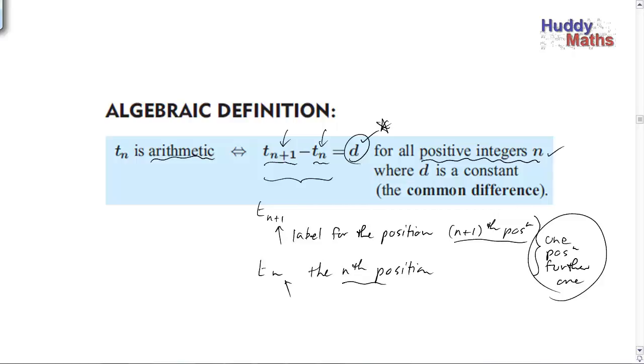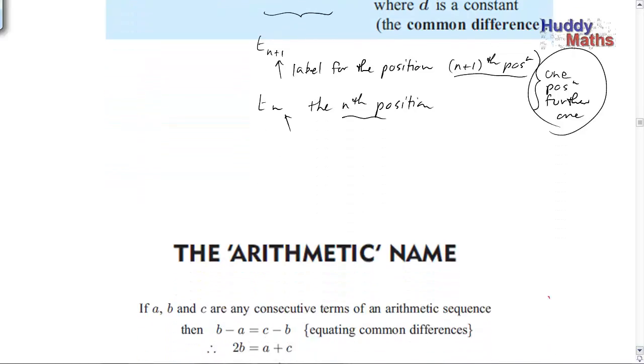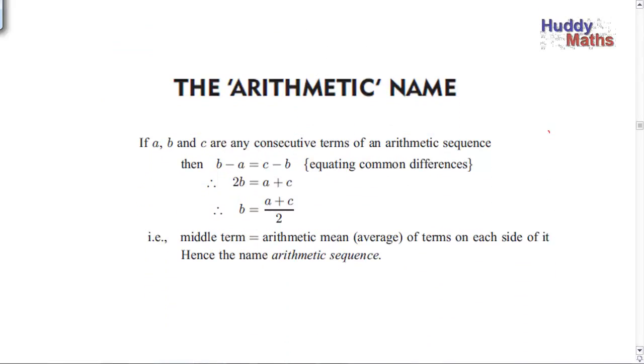All right, so let's go on and have a look at the name arithmetic. The arithmetic sequence. Why is it called arithmetic? Well, let's do a little proof here. There's not much of this in the course. I don't want you to get frightened away from it.